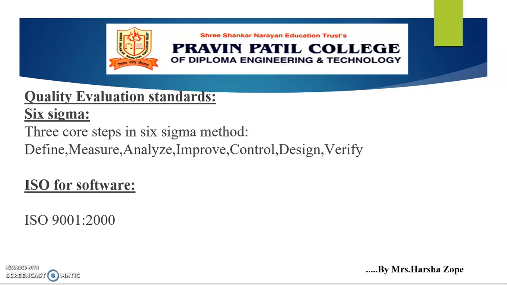Analyze: in this phase, defect metrics are analyzed in order to determine the few vital causes. Improve: by eliminating the root causes of defects, the process can be improved. Then control: the process can be controlled in such a way that the causes of defects cannot be reintroduced.